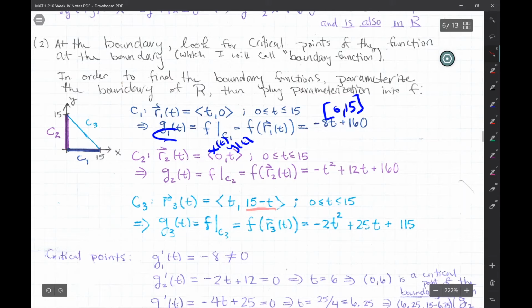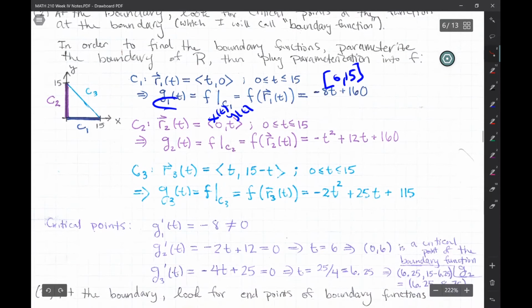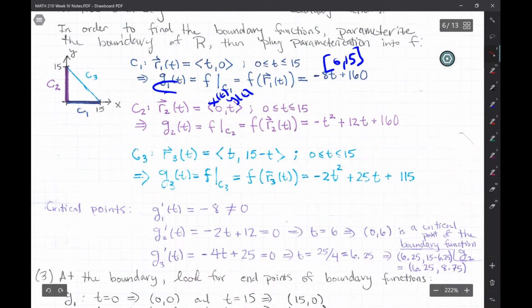So that's going to be our y value there, and we're going to let t go from 0 to 15. So you start at this point here, and you move along down to that point at (15, 0). So then we're going to get a function of one variable by plugging in the parameterization of the curve C3 into the function, and we get this function of one variable.